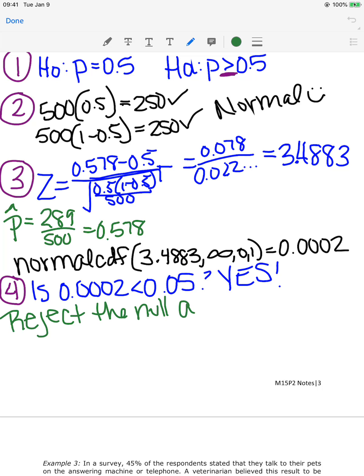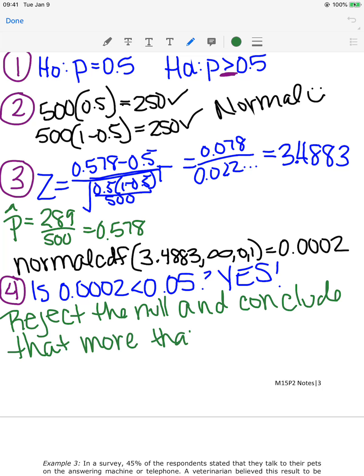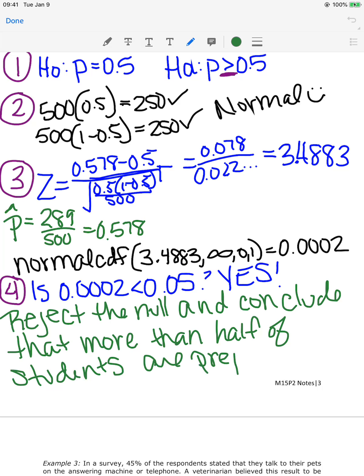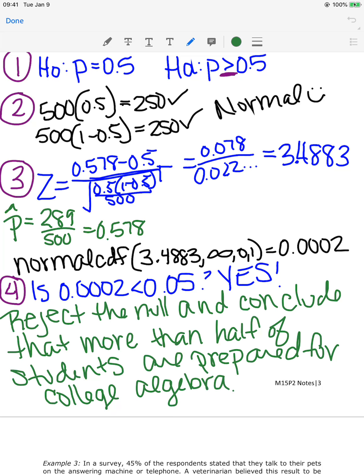So reject the null and conclude that more than half of students are prepared for college algebra. And that is it.